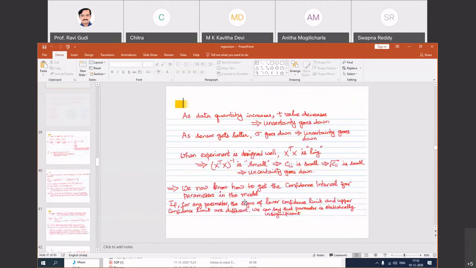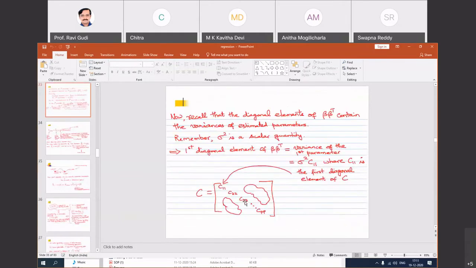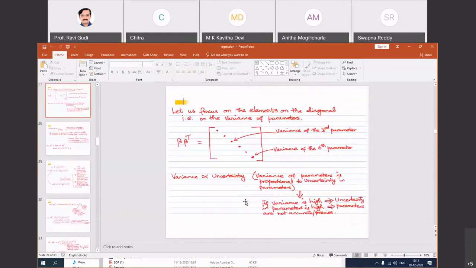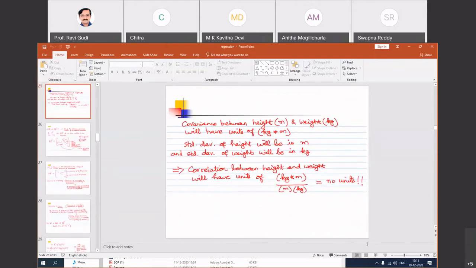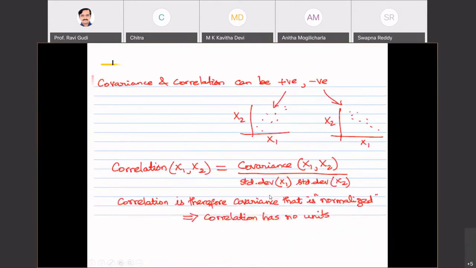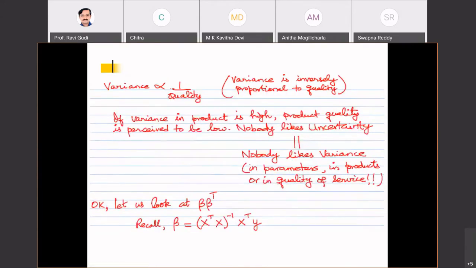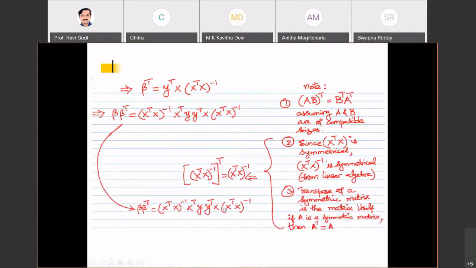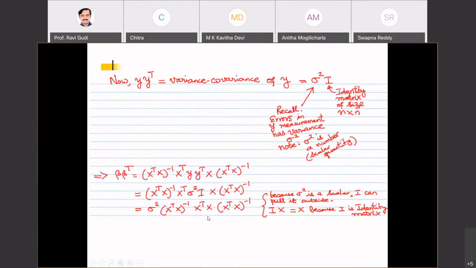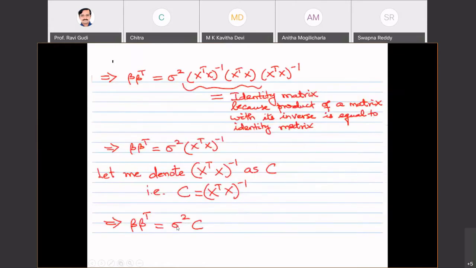If you recall what we did, we first derived an expression in the last class for beta, which is X transpose X inverse X transpose Y. We took a closer look at the covariance of beta, showed that it's related to the noise variance, so it can be written as sigma square C, where C is X transpose X inverse.